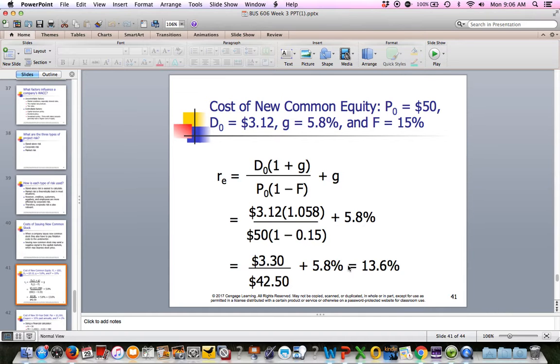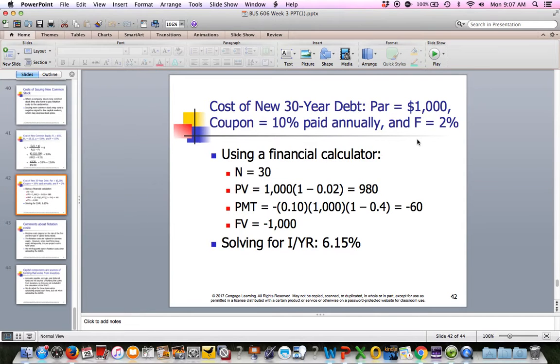So the cost of new common equity, just an example here, is P0 is 50, D0 dividend today 3.12, the growth rate's 5.8, the flotation cost is 15%, and that raises significantly the cost of issuing new stock. When 15 cents on the dollar goes to a commission to my investment banker, that's less money that I get to keep as the corporation. Therefore, my cost goes up.